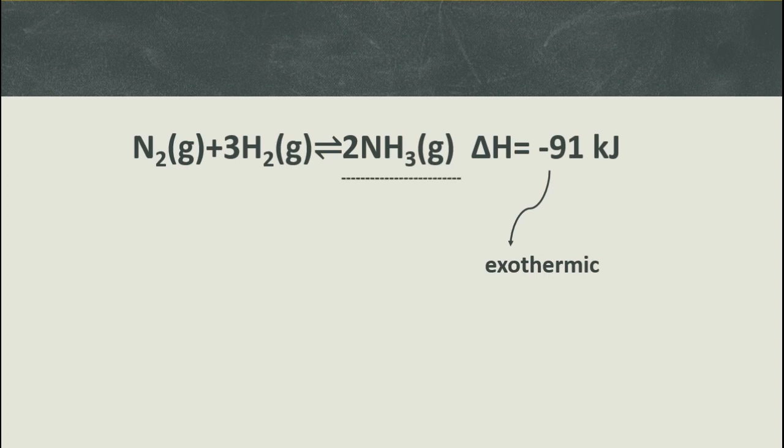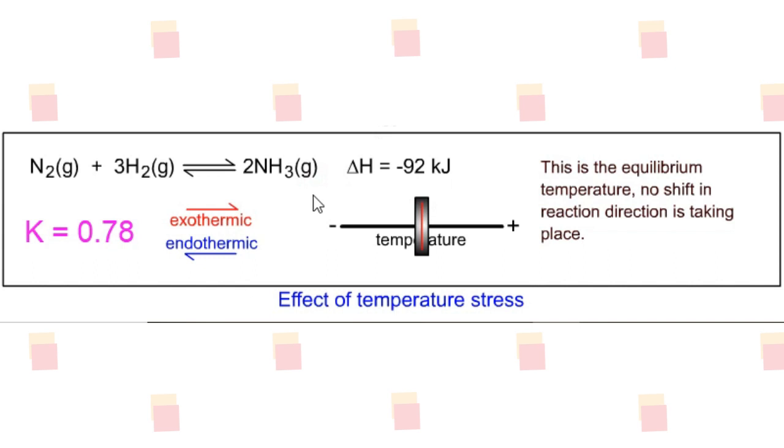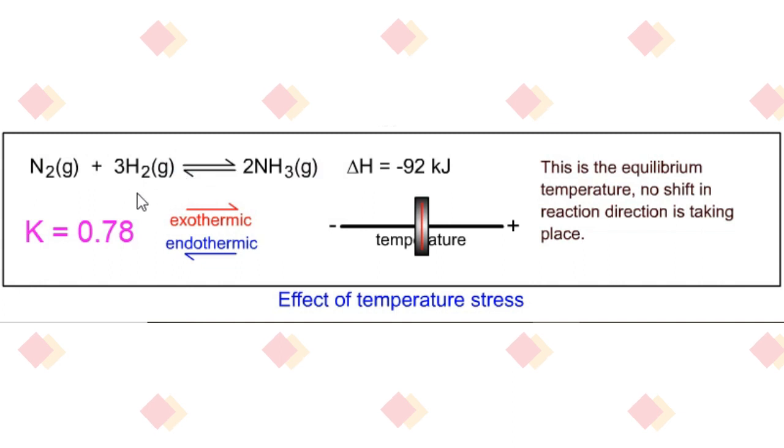Ammonia formation is exothermic and nitrogen and hydrogen formation is endothermic. The forward reaction is the exothermic direction. The reverse reaction is the endothermic direction.